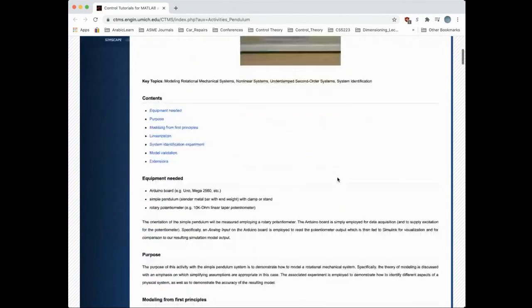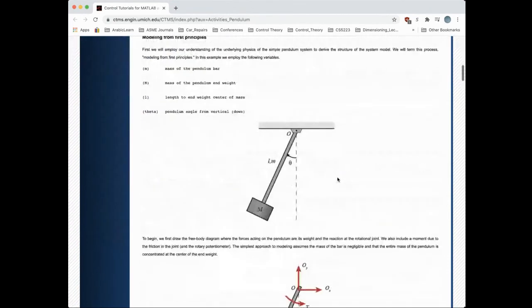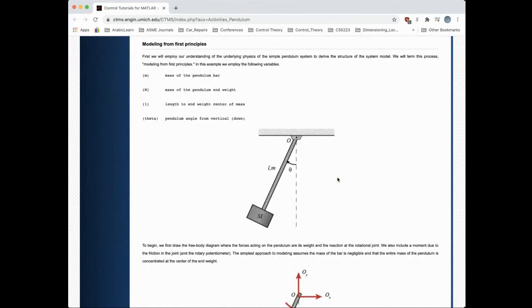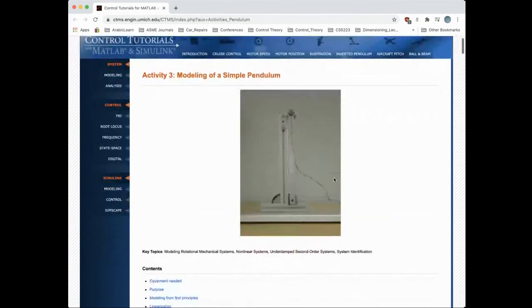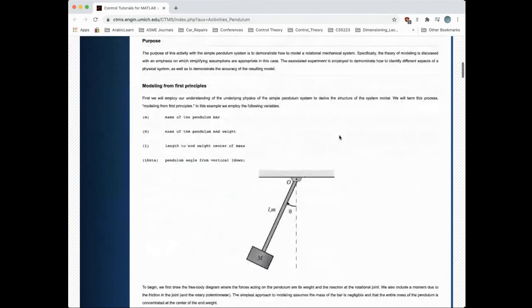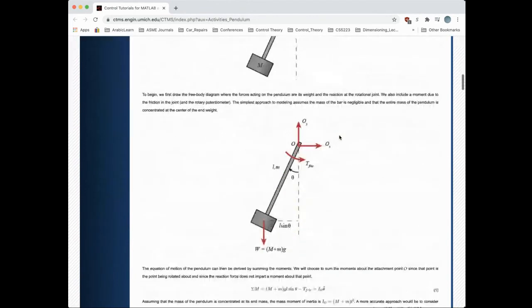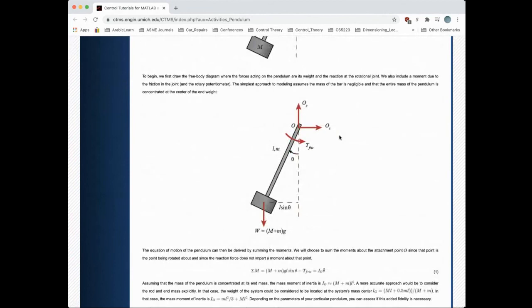Now, if we go here, this is the schematic sketch. This is the picture of the real pendulum. And this is the schematic, and this is the free body diagram of a torque.